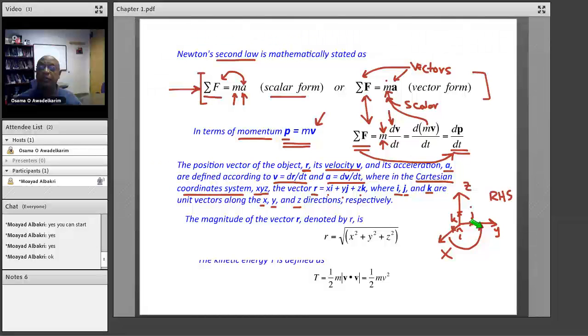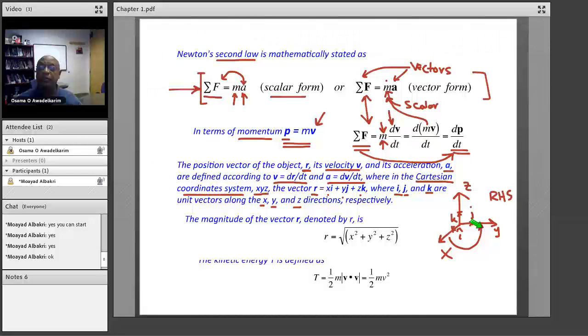Or if you use a screwdriver, put it in the z direction and then rotate it from x to y, then the screwdriver proceeds along the z direction. That is what we mean by a right-handed system.